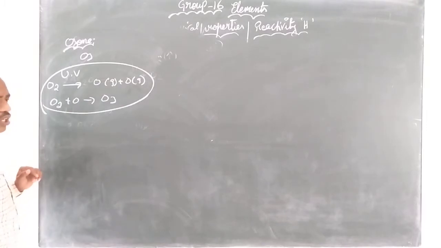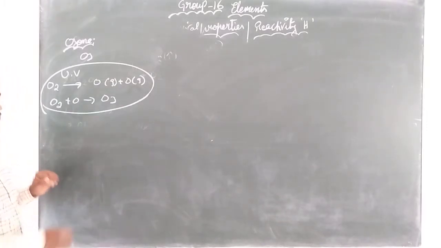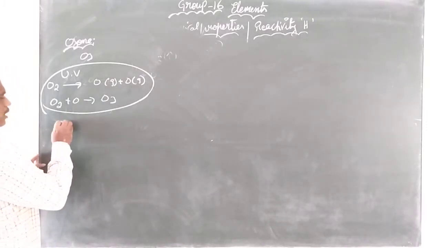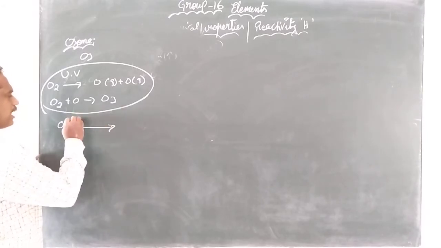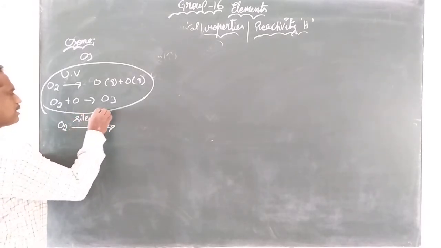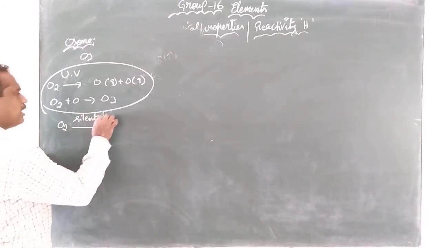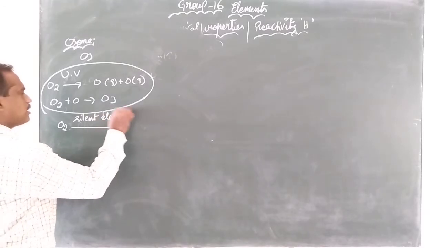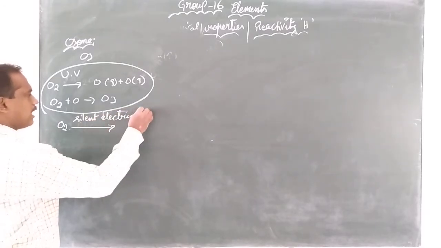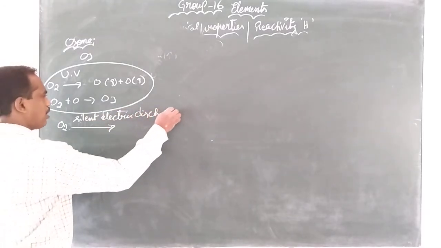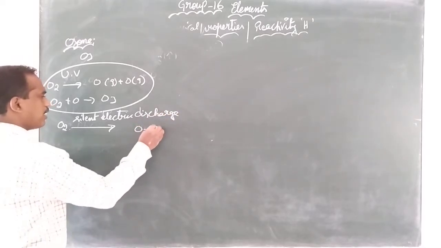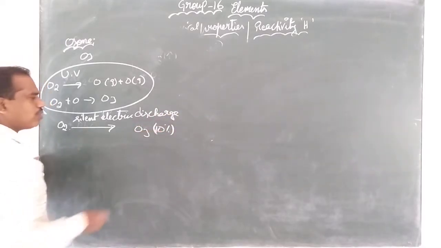So this ozone can be prepared in the lab. How can this ozone be prepared in the lab? By a silent electric discharge. A silent electric discharge when carried out with oxygen gas converts it into ozone, which is only 10%.